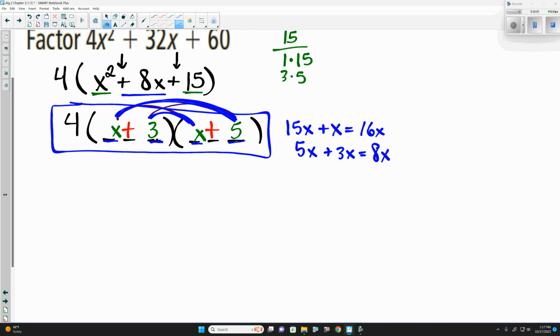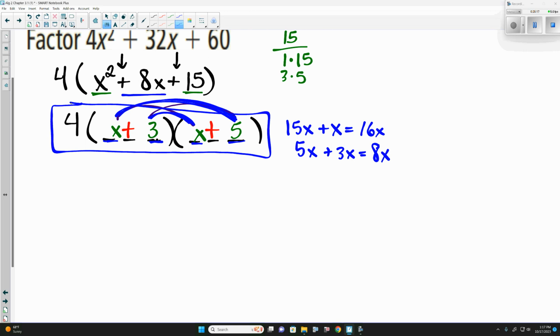Now I will say it is not wrong or incorrect to do the full multiplication, to do x times x and get x squared, do x times 5 and get plus 5x. Then do 3 times x, get plus 3x, and then 3 times 5 to get plus 15. Simplify. That is not wrong. The reason I'm not doing it is it's an extra unnecessary step. We don't need it.